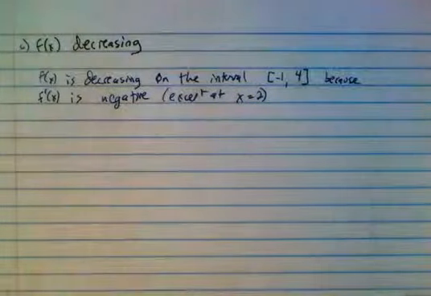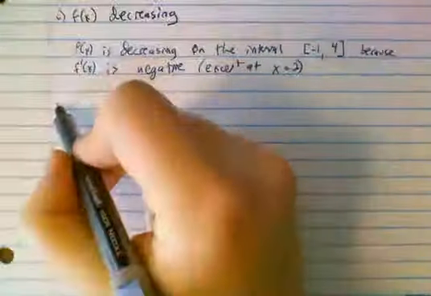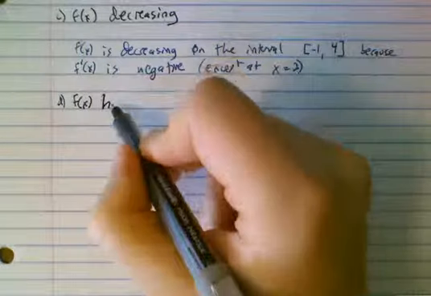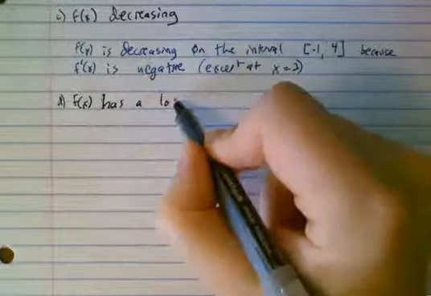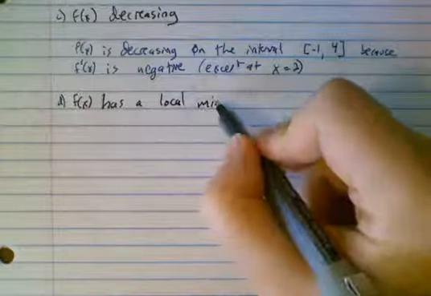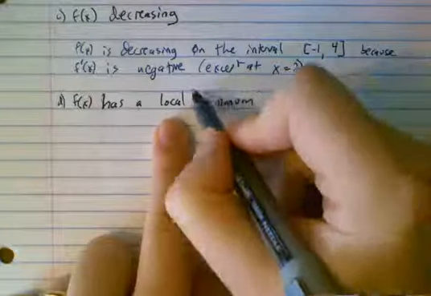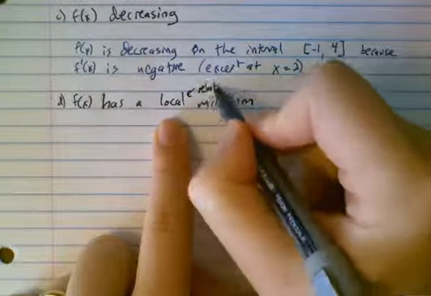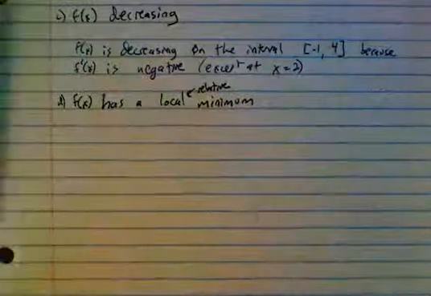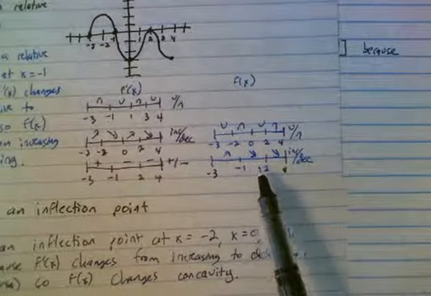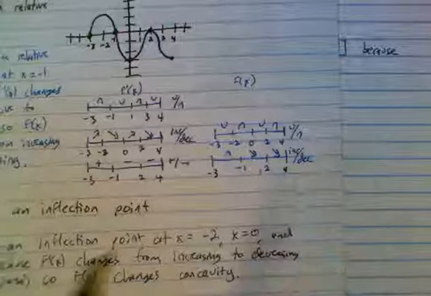And just to give you some practice with the vocabulary, let's look at one other one. Where does f of x have a local minimum? Now remember, local minimum is the same thing as relative minimum. So what we're looking for is where f of x changes from decreasing to increasing. Notice that that actually never happens.